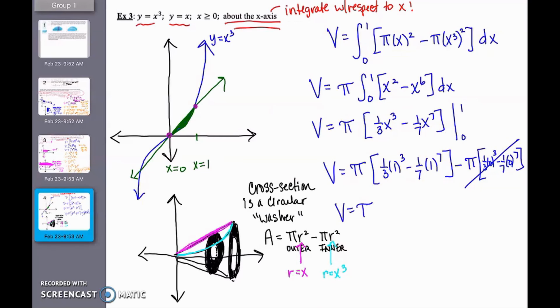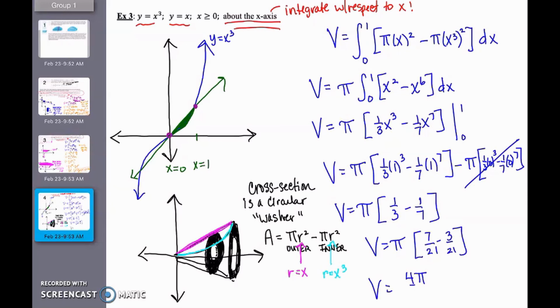So we end up with pi times 1 cubed is 1 times 1/3 is 1/3. 1 to the 7th is 1 times negative 1/7 is negative 1/7. We create a common denominator here, turn them both into 21. So we end up with 7/21 minus 3/21, which gives us an answer of 4 pi over 21 for our volume.